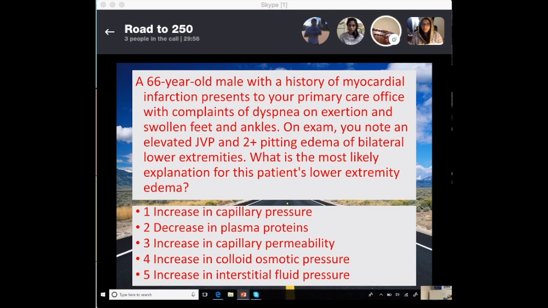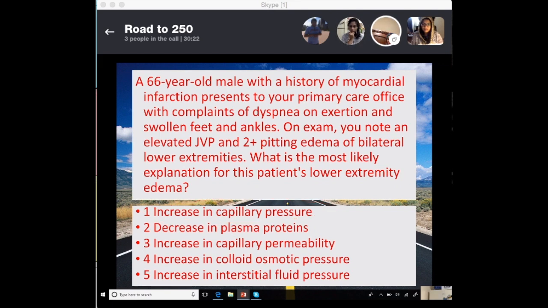Increased capillary pressure, decreased plasma protein, increase in capillary permeability, increased colloid osmotic pressure, or increase in interstitial fluid pressure. Increase in capillary pressure. Yeah, I'm going with that as well. Boom! Increase in capillary pressure.